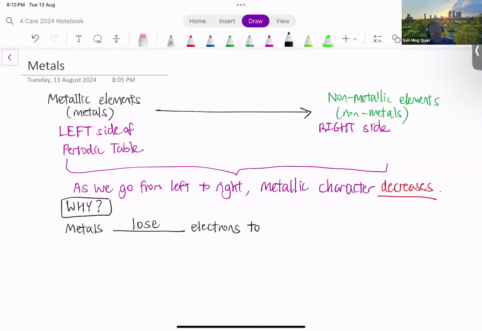And when you lose valence electrons, what kind of ions do you form? So if you think of magnesium again, magnesium loses 2 valence electrons. It becomes Mg2+. So the idea is it forms positive ions. All right, so metals lose electrons to form positive ions.